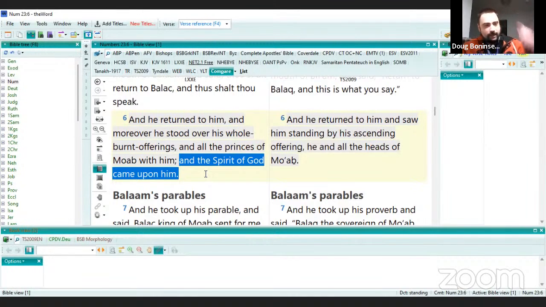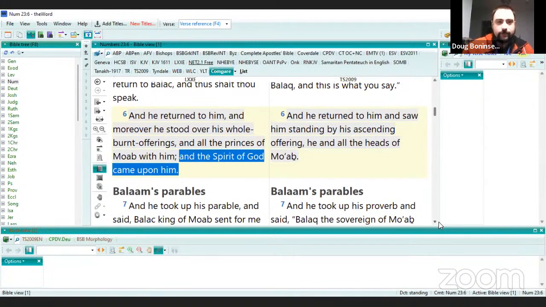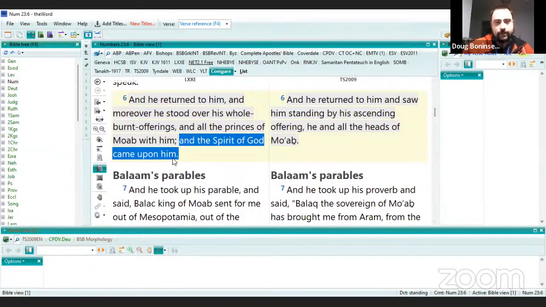Oh, he can't have the spirit in him. How can someone that's not a Yahudim have the spirit? Because if you look at the context of this story, it's all about Balaam. It's all about a Gentile prophet, supposedly a prophet, that Yahuwah uses for his purpose.